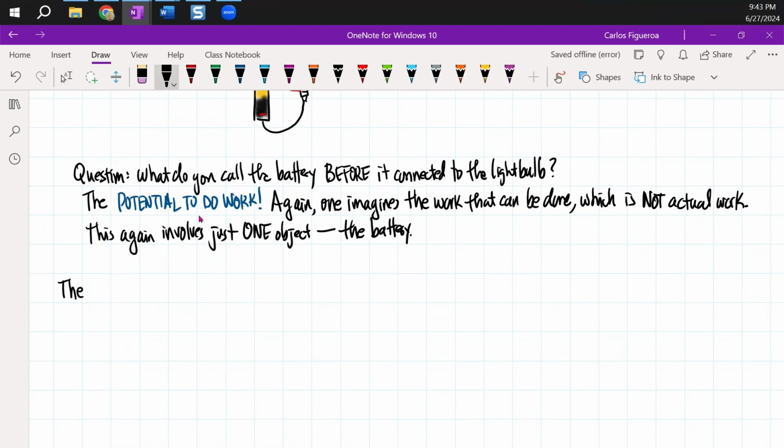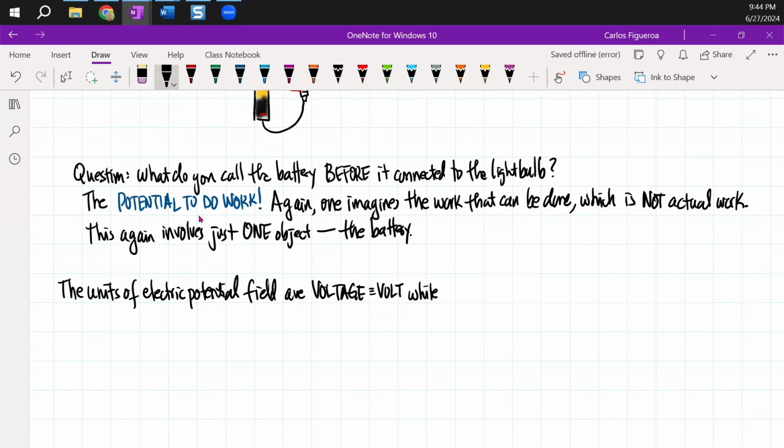The units of electric potential field are voltage. And a lot of times we don't say the word voltage, we actually just say volt for short. So the units of electric potential field are voltage, while potential energy units are joules.